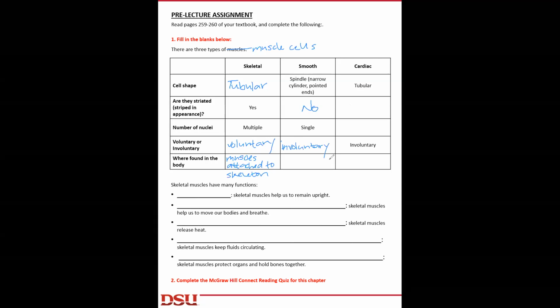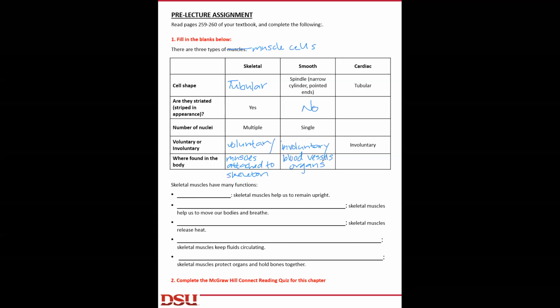So things like your blood vessels, your internal organs, your lungs, the muscles that control your breathing, all of that's an involuntary process, right? You don't have to sit there and think, digest my food, digest my food. It's all the smooth muscle in the organs that do that. So blood vessels and organs.